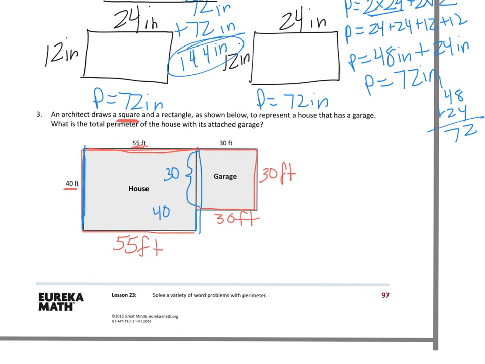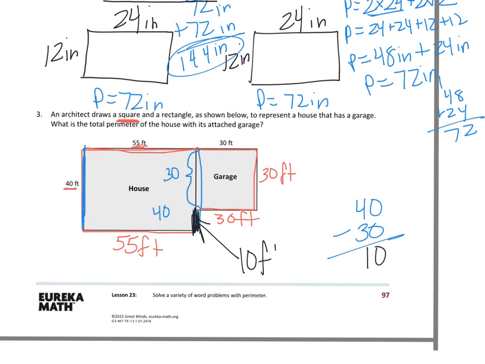So I'm going to take 40 and subtract the 30 that I know and try to find this missing piece right here that I absolutely need to find my perimeter. And that's the part in black that I need. And I know that 40 minus 30 is 10.